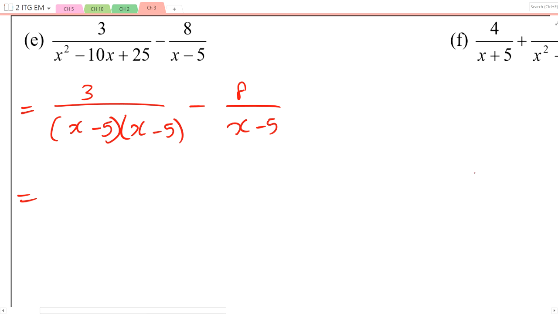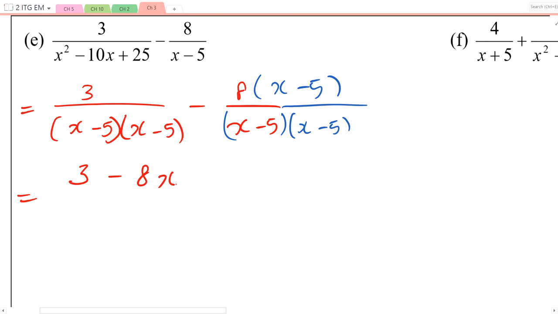So next step. Why? Here x minus 5 again. X minus 5 again. 3 minus 8x plus 40.